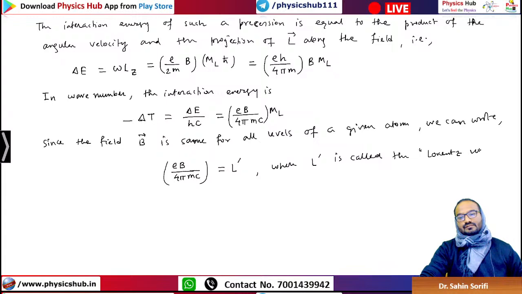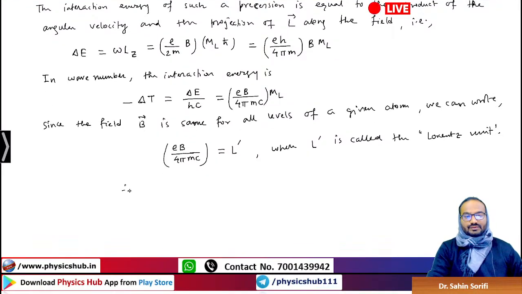Therefore we get minus delta T equals ml times L prime.